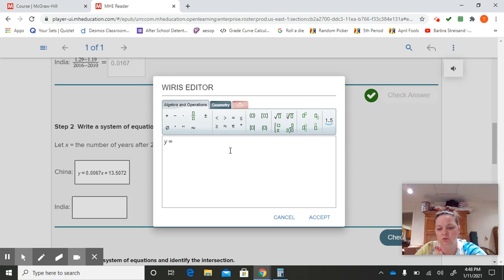And y equals 0.0167x plus minus 32.3772.